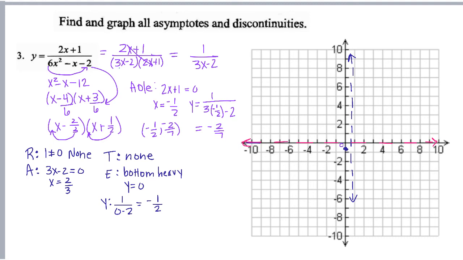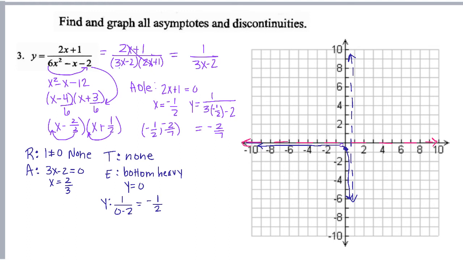So now we have to figure out, well, what in the world does this graph look like? Well, we for sure have to go through these 2 points, and we can't cross over our horizontal asymptote, so I know it's going to look like this. Go through our y-intercept and continue that direction.